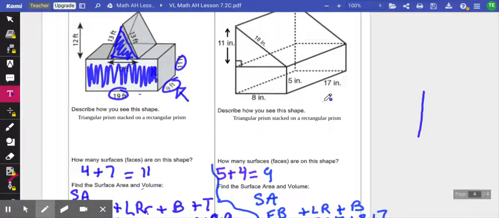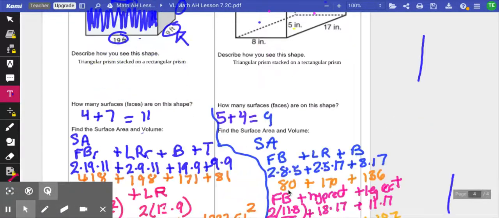So when I start doing surface area, I think that rectangular prism has a front and a back I need to pay attention to that are the same. It has a left and a right that are the same. And then it has a bottom that's by itself. Okay, so down here, when I was doing my work, I had a front, back, a left, right, and a bottom.